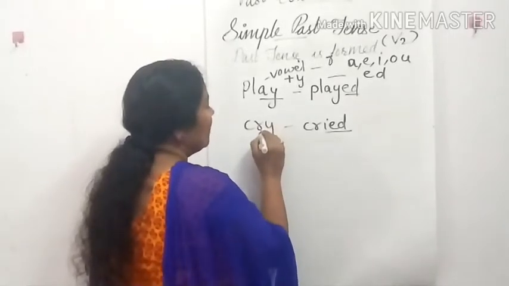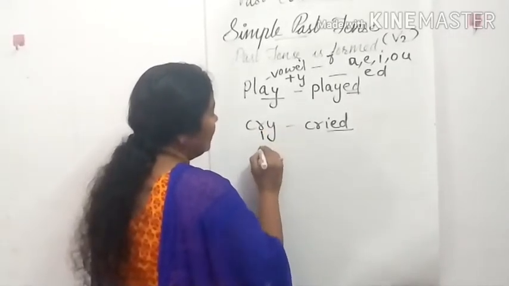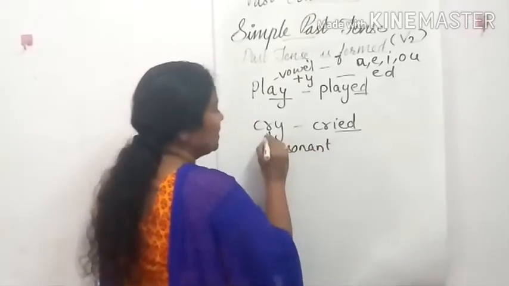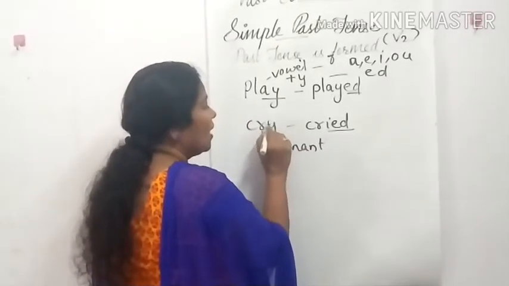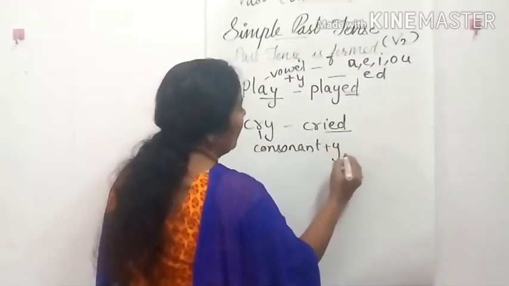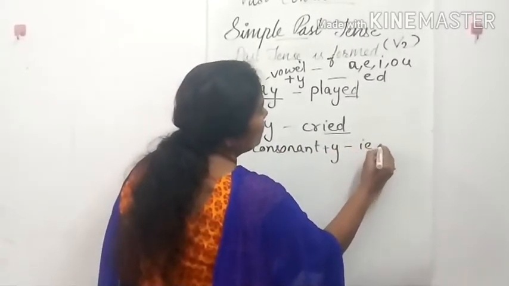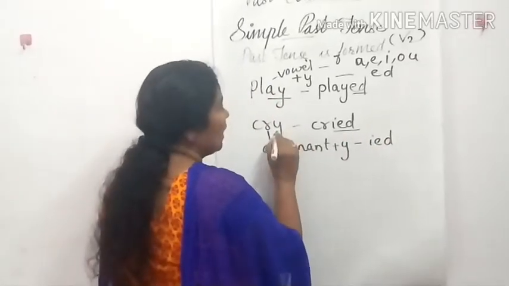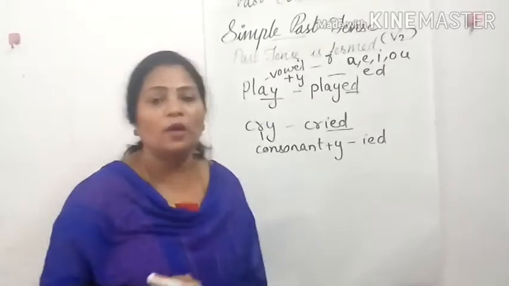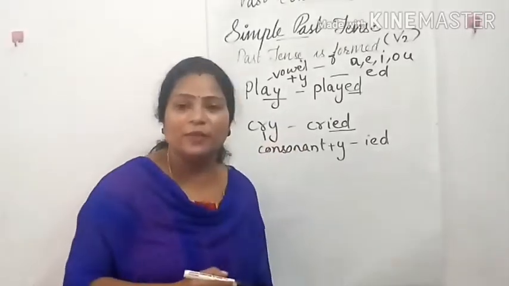And if it ends with a consonant, that means a verb like R plus Y, R is a consonant plus Y, then it will change to IED. That means Y will be removed, and I and ED added to it. Okay. Hope this part is very clear to you.